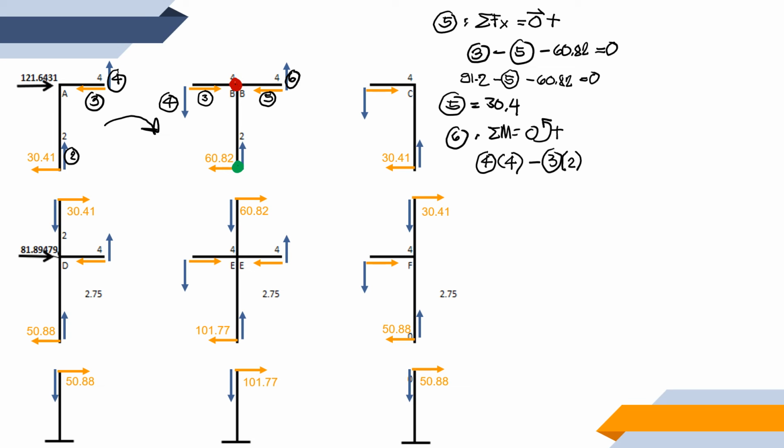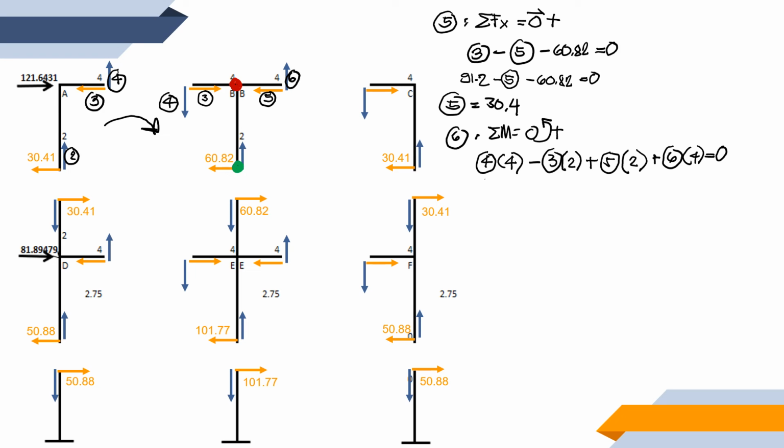What else? We have force number 5, it is positive because it is counterclockwise, and its moment arm is equal to 2. And the unknown force 6, which is assumed to be counterclockwise. So we have force 6 times the moment arm equal to 4, equal to 0.